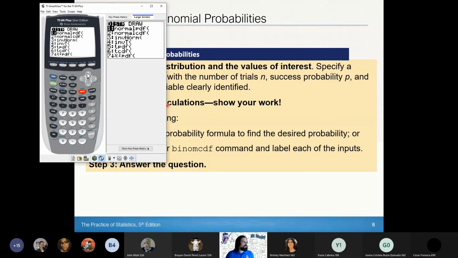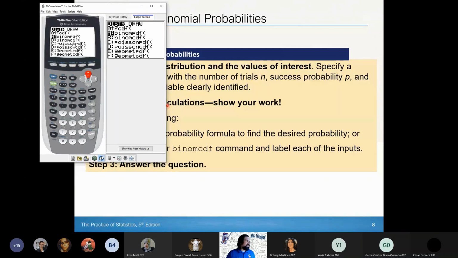We want to click up because it takes us to the end of the menu. And we're looking at binomPDF, binomCDF. These do calculations for us. So option A here is binomPDF. What that does is it calculates the probability that X equals exactly k successes.